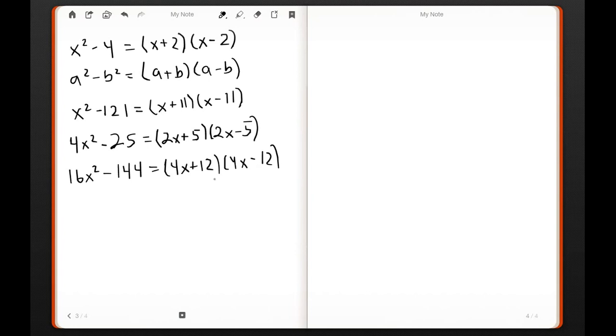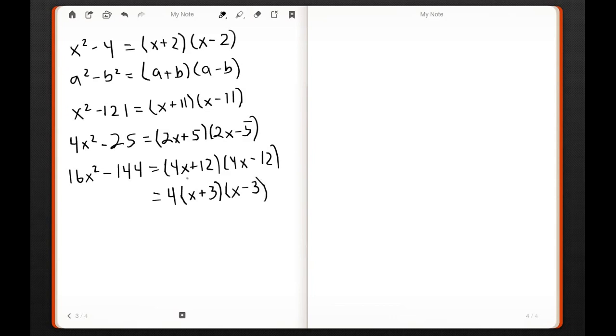Now, in this one, you should notice that 4 and 12 have a common factor, meaning something can be factored out of this whole expression. And that's going to be 4. We can divide both 4 and 12 by 4, meaning this will turn into factor out a 4 of the whole thing. 4 times x plus 12 divided by 4 is 3 times x minus 3.